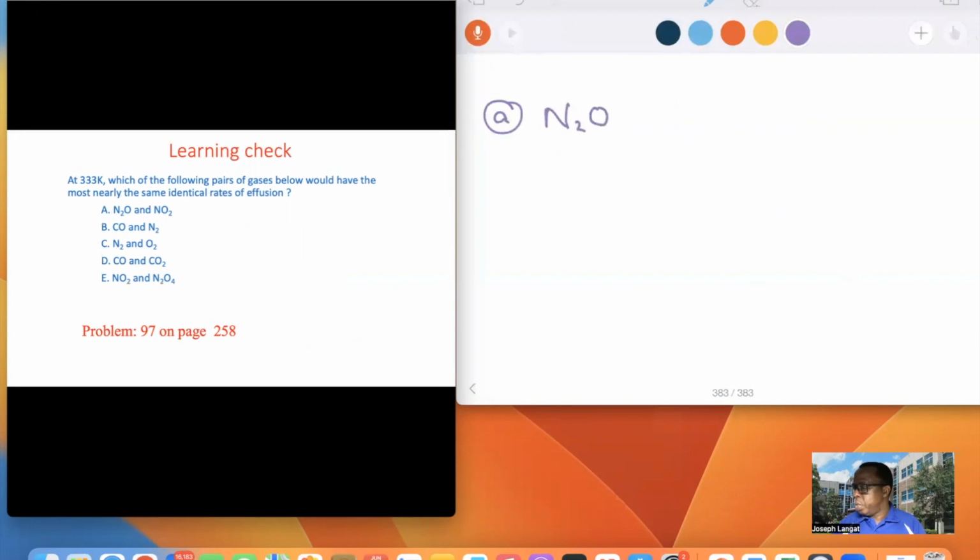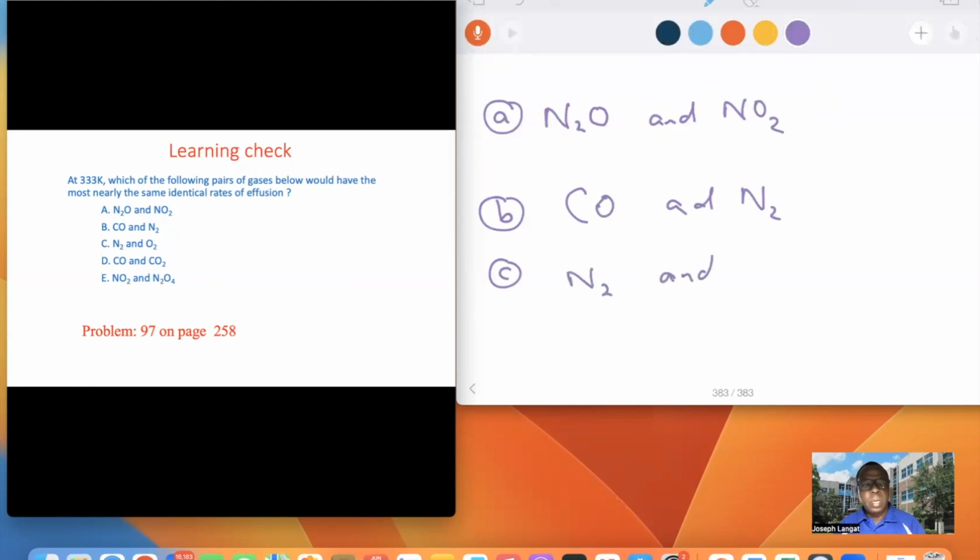In A, we have dinitrogen monoxide and nitrogen dioxide. B, we have carbon monoxide and nitrogen gas. C, we have nitrogen gas and oxygen gas. D, carbon monoxide and carbon dioxide.